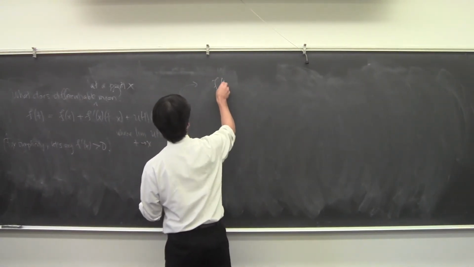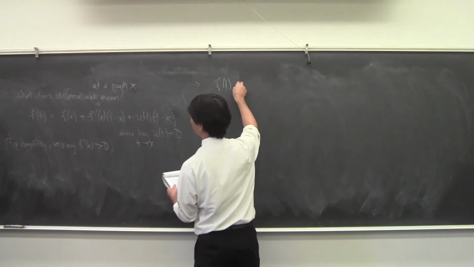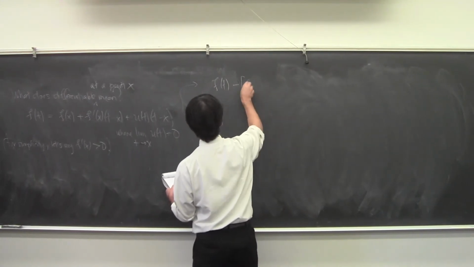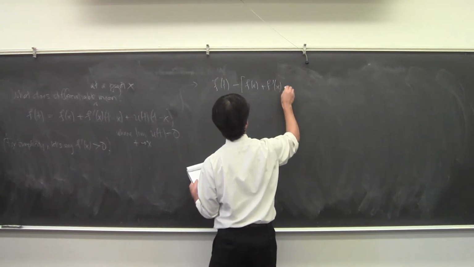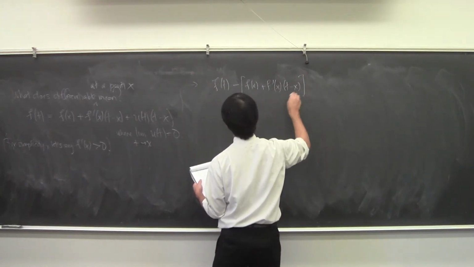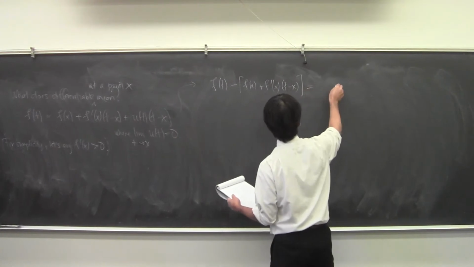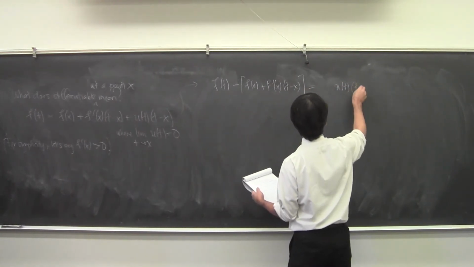So I'm going to move the tangent line, the linearization, to the other side. So f of t minus f of x plus f prime x times t minus x, right? And that's going to be equal to u of t times t minus x.